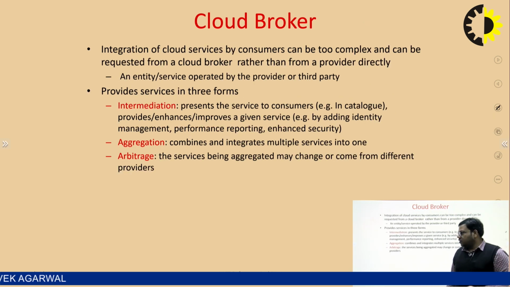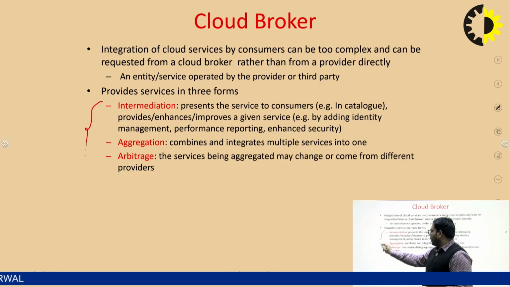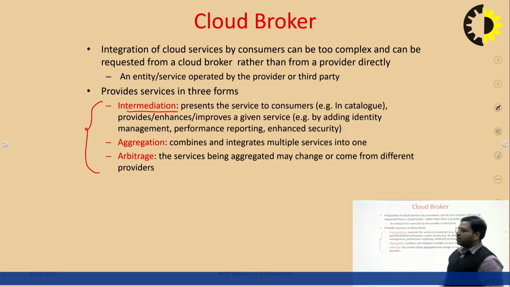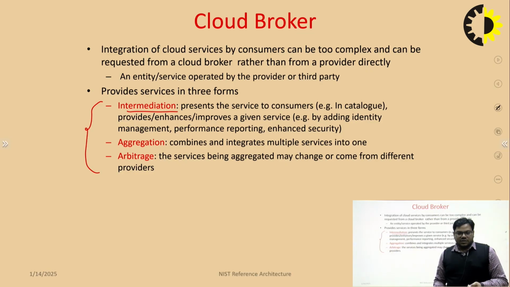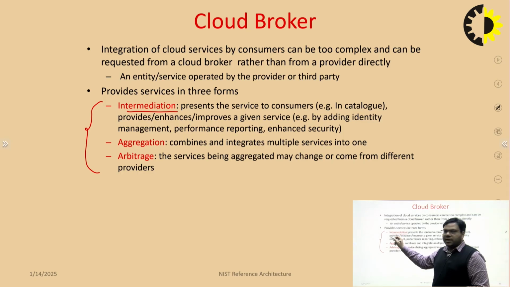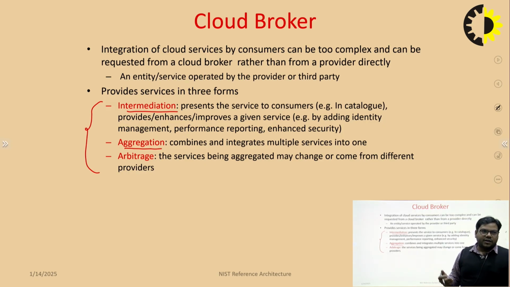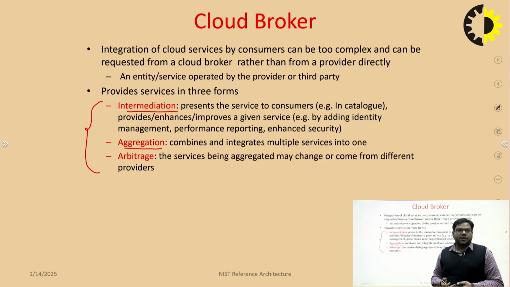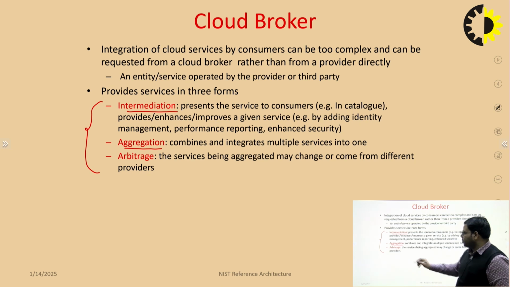The cloud service broker has three major activities. Intermediation means that if a cloud consumer is not able to get a proper offer from the cloud service provider, the broker can mediate between them and may provide a better offer. Aggregation we have already discussed, aggregating the services from multiple cloud service providers into a single package.